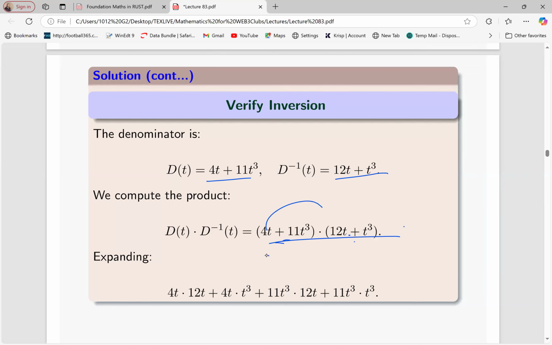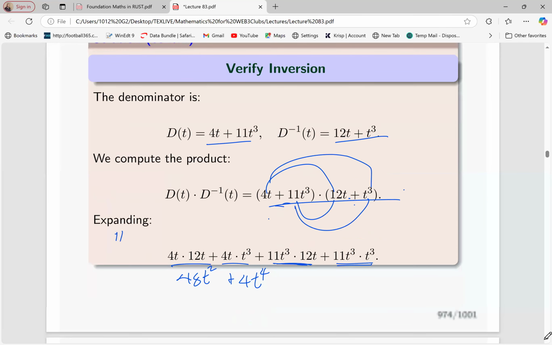So when you multiply, just doing that, getting this and that to be 48 t square, and this will be 4t raised to 4. But remember, once it becomes t raised to 4, you replace it by 11 or -2. And then this will be 132 t raised to 4, and that will be 11 t raised to 4.